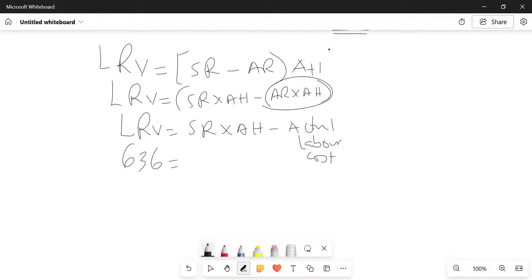Do we happen to be having the standard rate per hour in the standard card given? 8, eh? Kenya shillings 8 per hour, isn't it? Do we have actual hours? No, we don't have AH. But do we have actual labor cost? Is it given? 63.